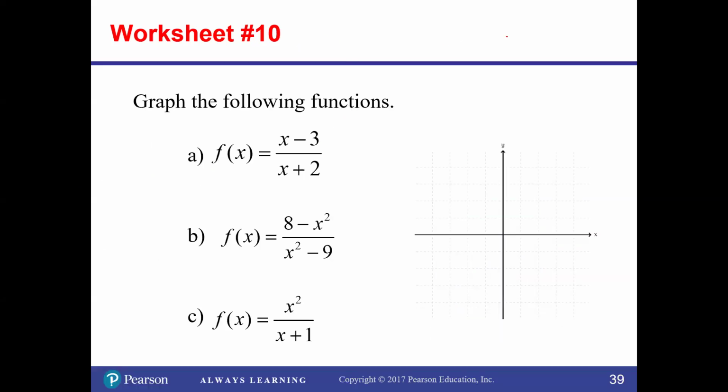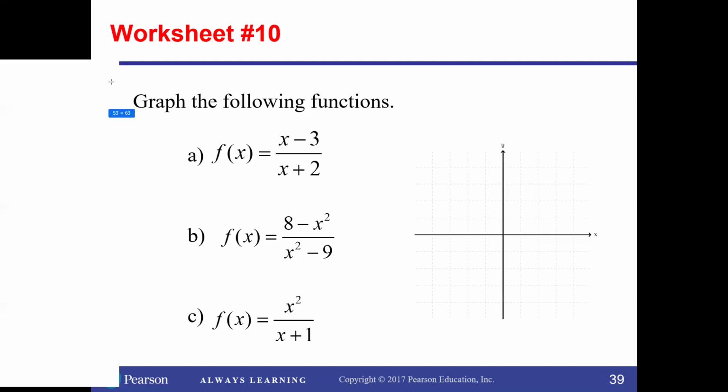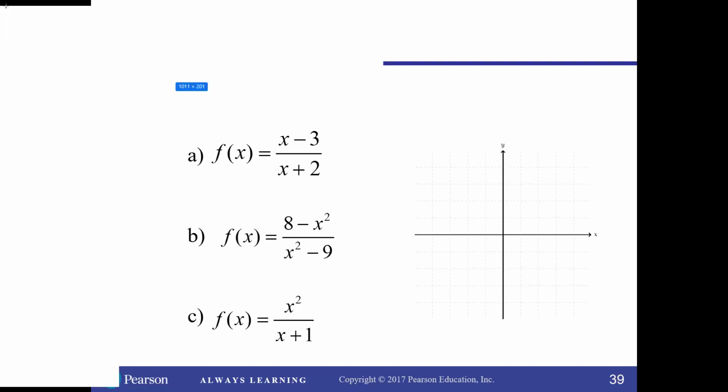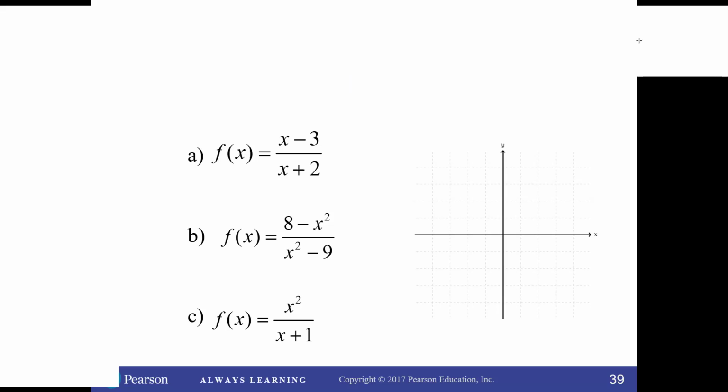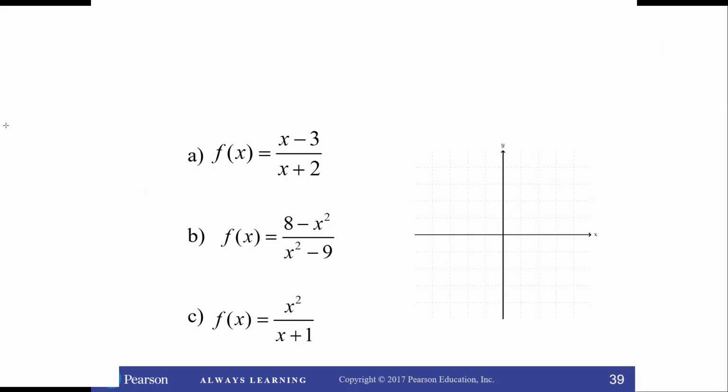All right, so for these ones, sort of a little less work. I'm going to make a little spot off here so we can get a little more room to work with this. Okay, so starting with A. Vertical asymptote: x plus 2 has to equal 0, meaning x would be equal to negative 2.